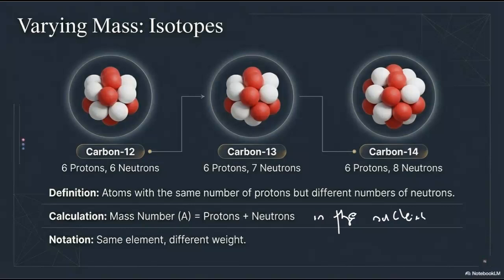So isotopes are atoms of the same element with different weight. And I want you to be careful with this because we also have this thing called atomic mass. And atomic mass is not the same as mass number. Mass number is the rounded atomic mass.